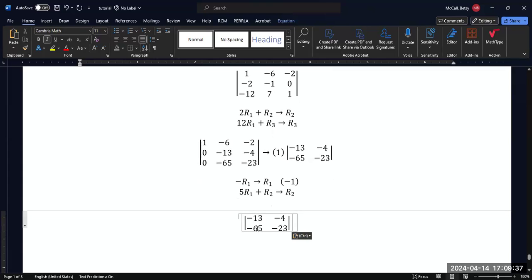Now, if I flip my signs here, this will become that, and this will become that. And then 5 times 13 is 65, plus negative 65 gives me a 0. 5 times 4 is 20, plus negative 23 is negative 3.